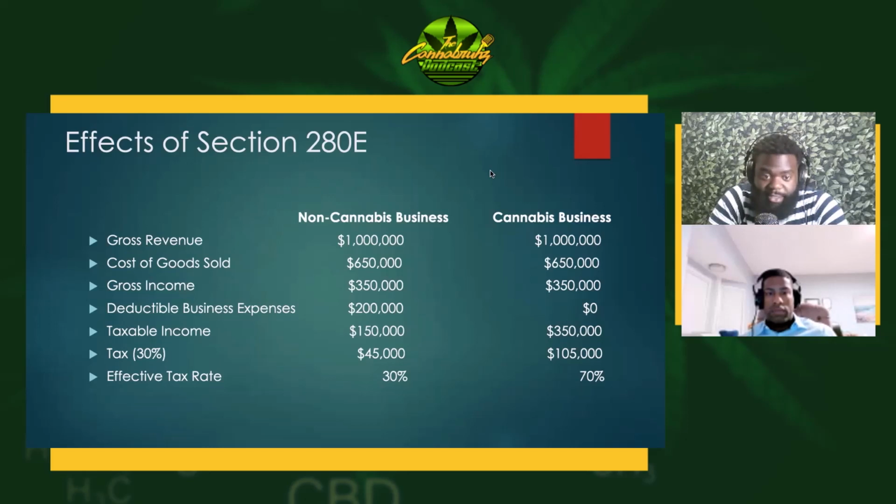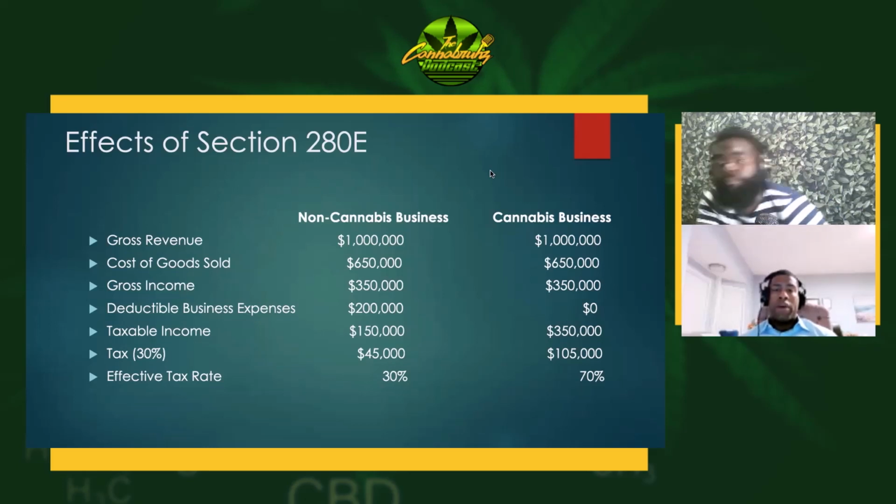That sucks. And that's the thing with 280E. When you look at these deductible business expenses, that's just $200,000. Imagine if his business expenses were $300,000, $400,000, $500,000. That's down the drain.